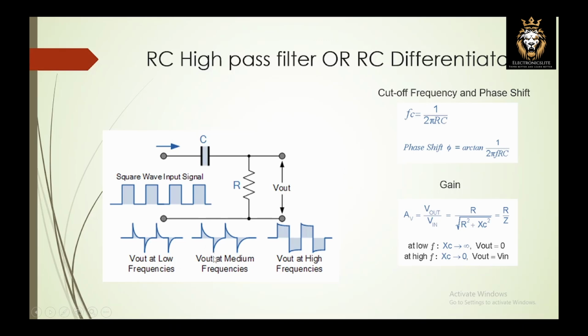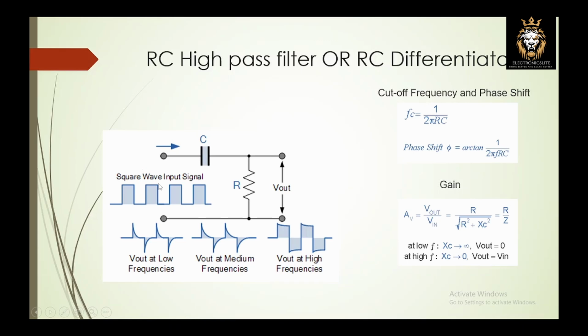Medium level, also the spike waveform. When I go for a very high frequency, the same square wave is present at the output, but with some distortion in this waveform.